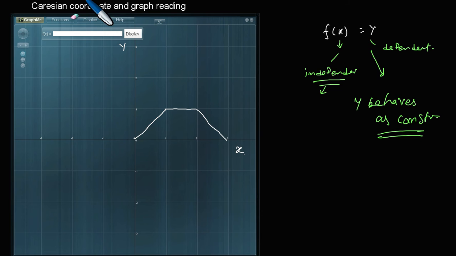And one more thing, y is here v, meaning velocity, and x is t.